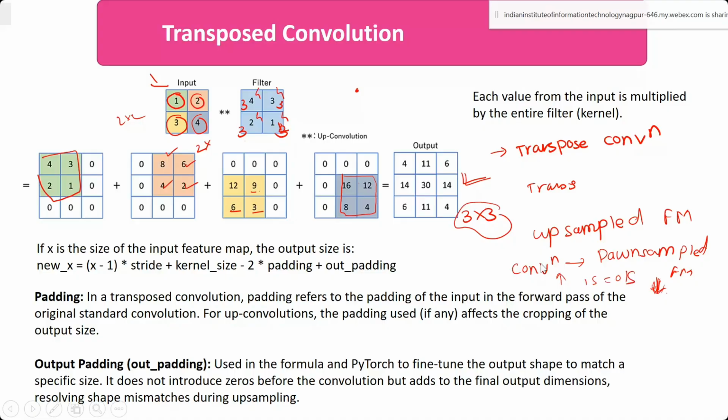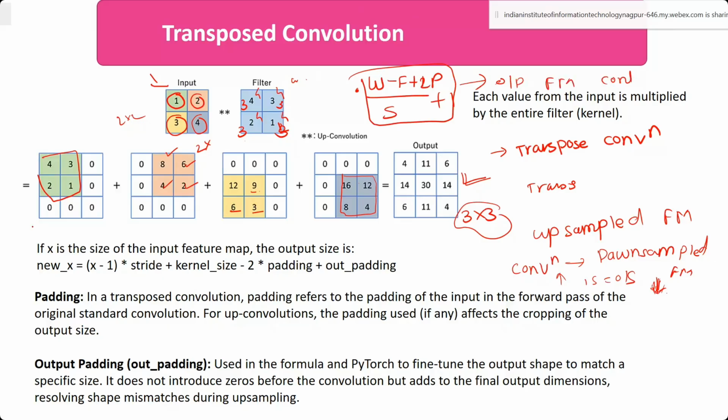If I want to get the dimension, as we have seen in the CNN architecture, I have explained that formula. If you remember, (W minus F plus 2P) by S plus 1. By this formula you get the output dimension size of the feature map after applying the convolution operation.